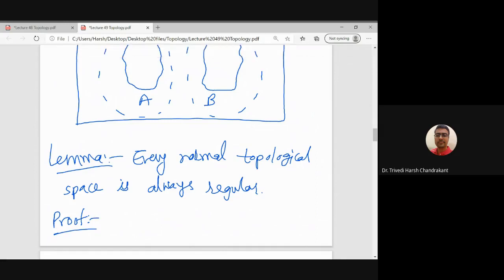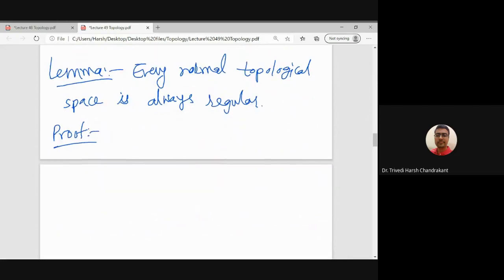Since singletons are closed in each of these spaces, regular, normal and Hausdorff, that property follows anyway, but we basically need to prove the second property, that whenever we have a point and a closed set, we can separate them by U and V.